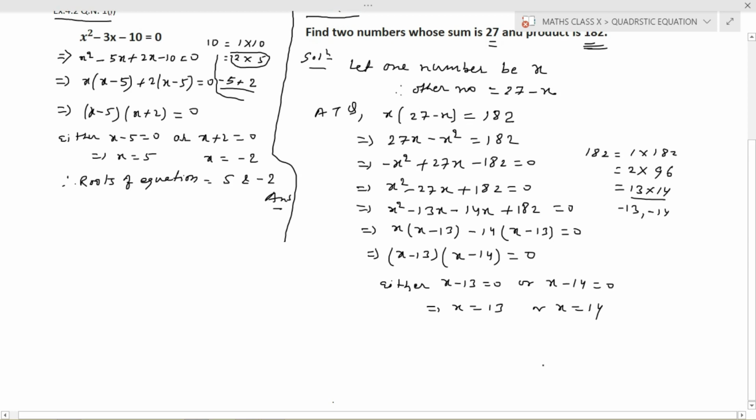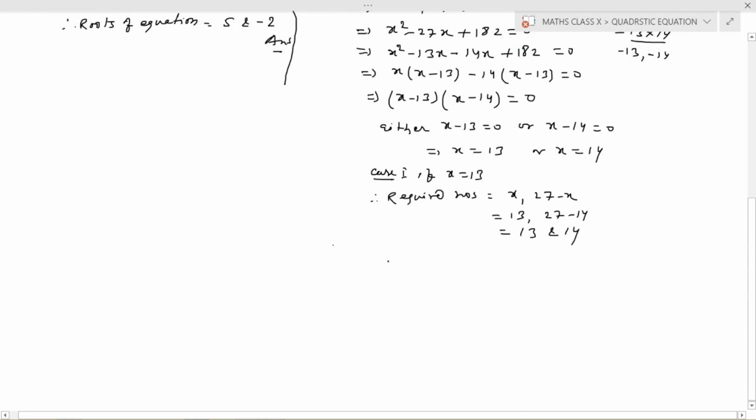If we consider case 1, if x equal to 13, what are the numbers? The required numbers are x and 27 minus x, so x is 13 and 27 minus 13 is 14, giving 13 and 14.